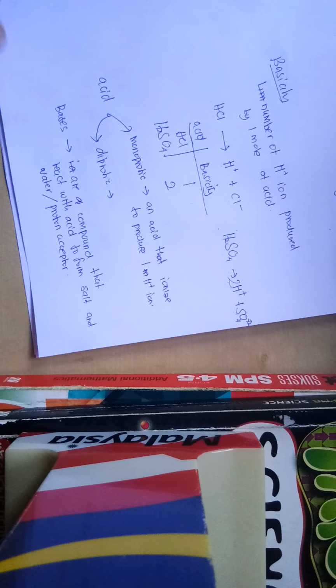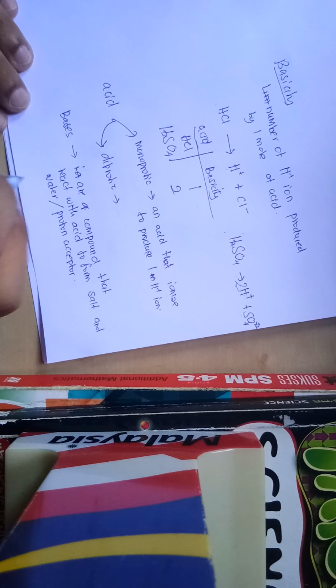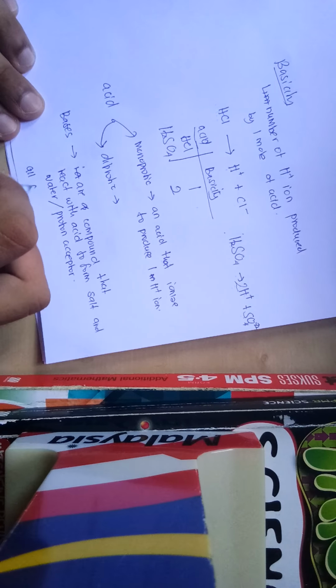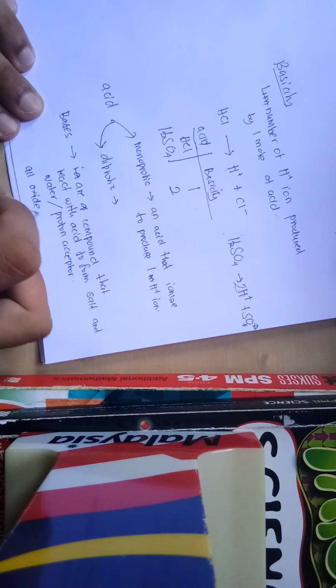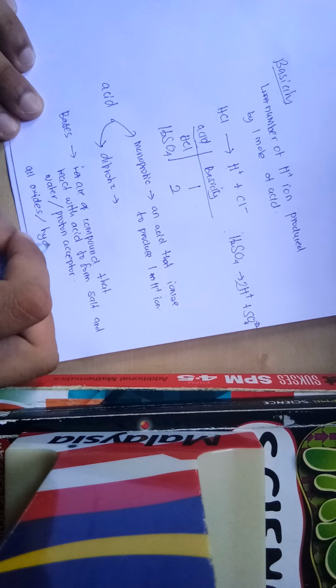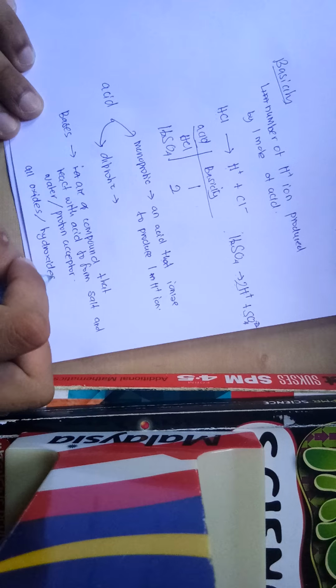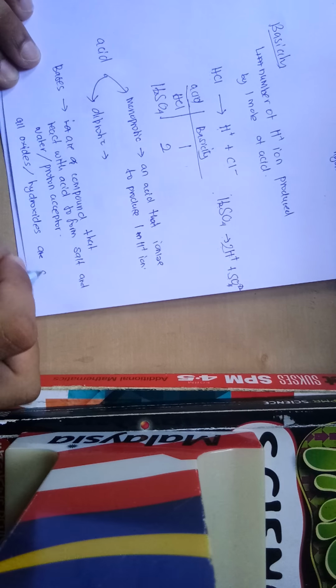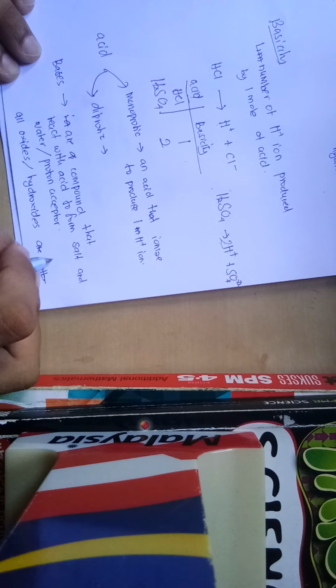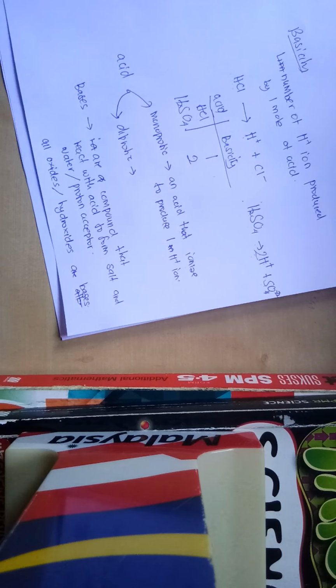So how do you know they are bases? All oxides and hydroxides are bases. For example sodium oxide, copper oxide, magnesium oxide, lithium oxide, iron oxide, all those are bases.